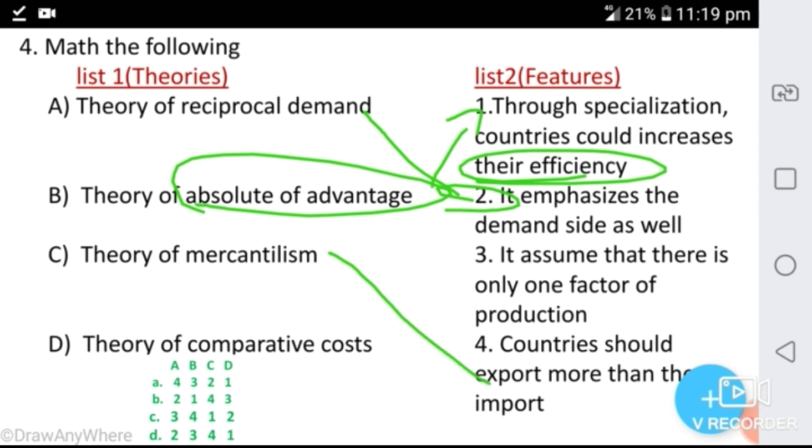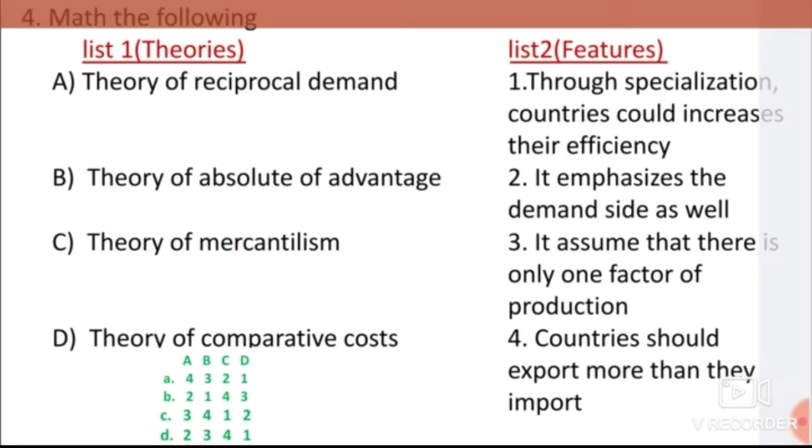The main feature of mercantilism is encouraging export and discouraging import. Then another one, it assumes that there is only one factor of production. This is comparative cost. What is the one factor of production? That is labor. So the answer is option B. Option B is the correct answer.